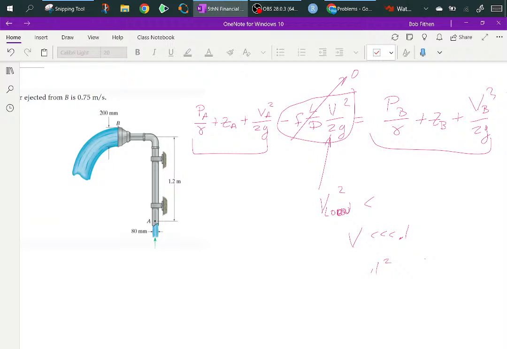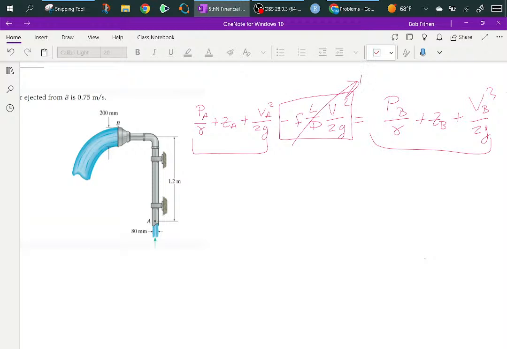The other thing is if the length from here to here is really, really short, you may find that the losses can be neglected as well. And if you have a combination of both of those, this term can really be reduced down. But in essence, this is the term we're going to look at later.